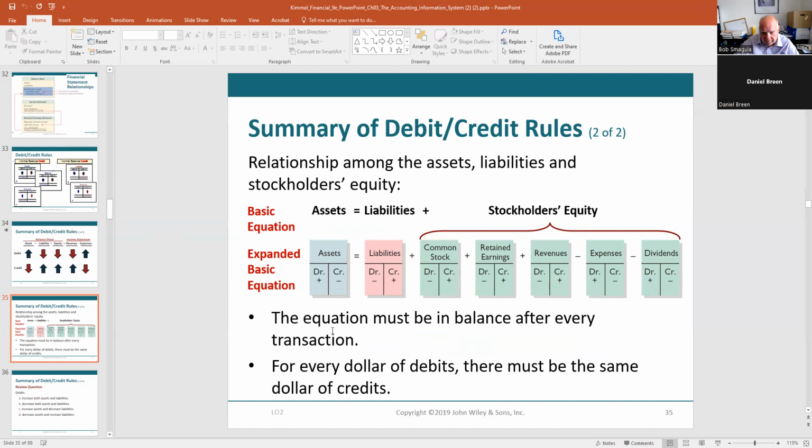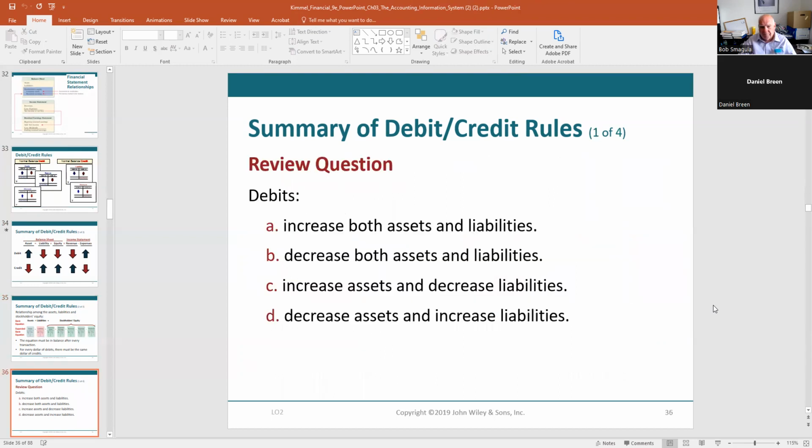So looking at it again, assets have a normal debit balance, liabilities have a credit balance, so does common stock, retained earnings, and revenues. The other two are debits. And debits must equal credits at all times.